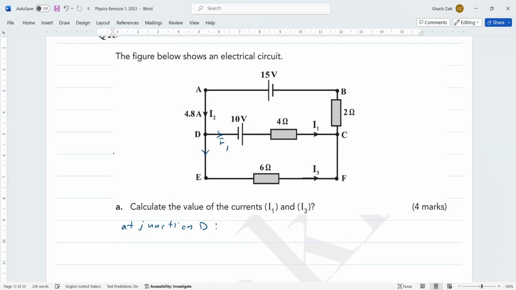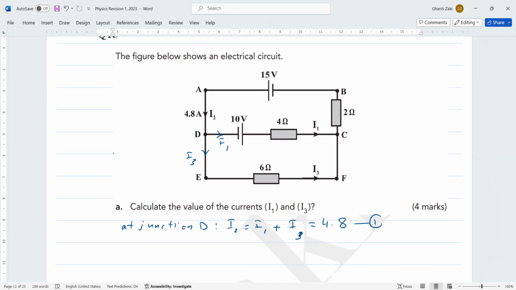So I2, the current in, equals I1 plus I3. I2 equals 4.8, so I1 plus I3 equals 4.8. Let this be equation number 1.